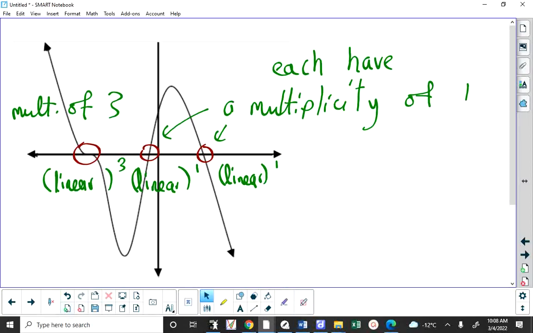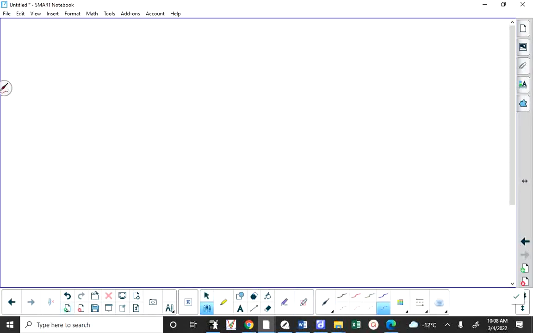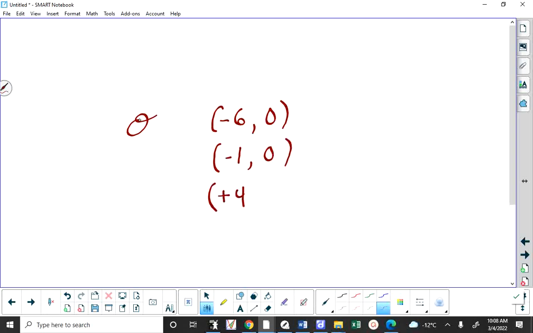So I'm not even worried about the graph. We have, on an original function, this point, 1 and 4, this point, and this point.